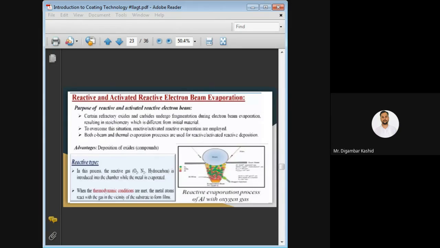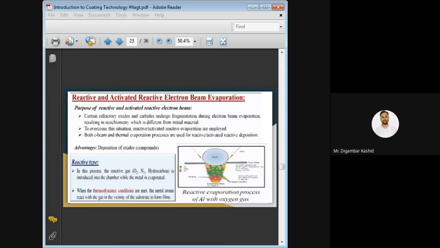When the thermodynamic conditions are met, the metal atoms will react with the gas in the vicinity of the substrate to form the film. So here we are using the gas as well as the atoms together to do the coating onto the substrate.